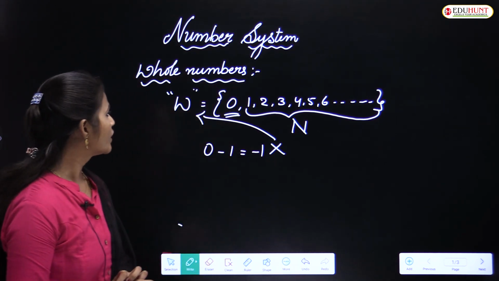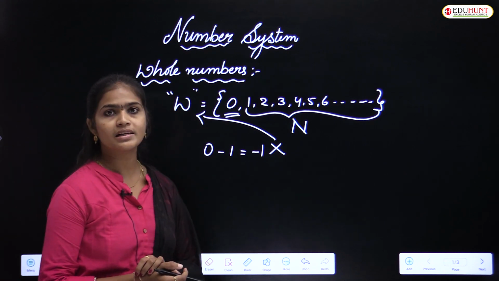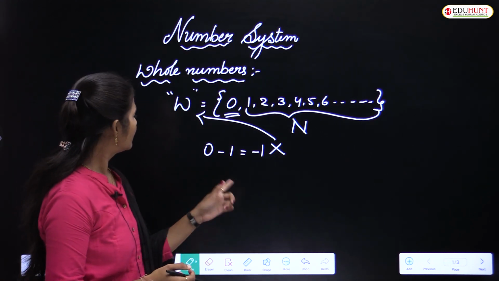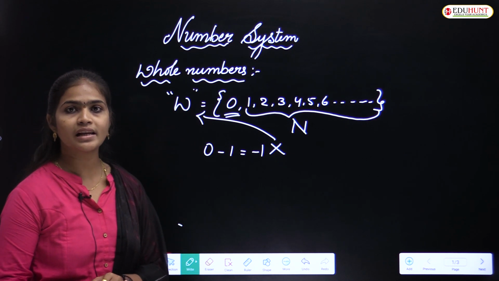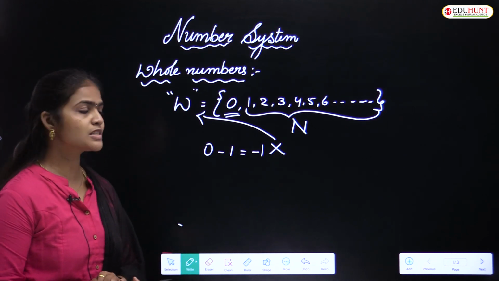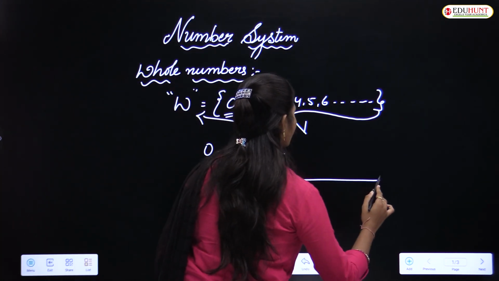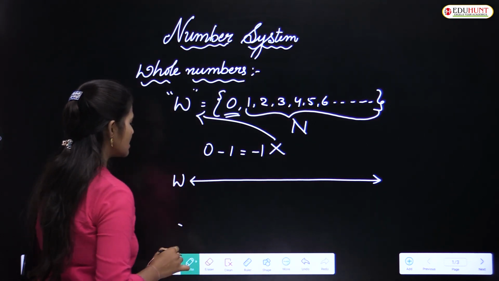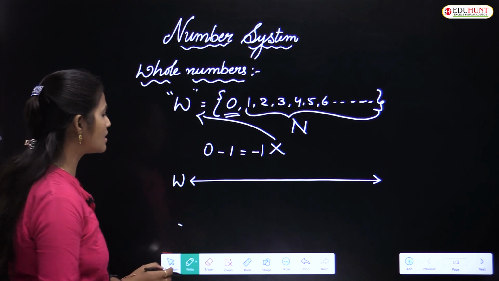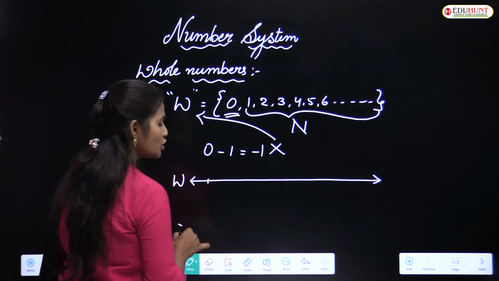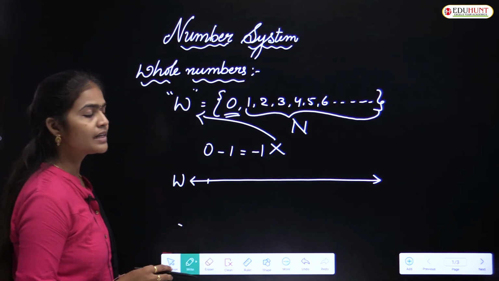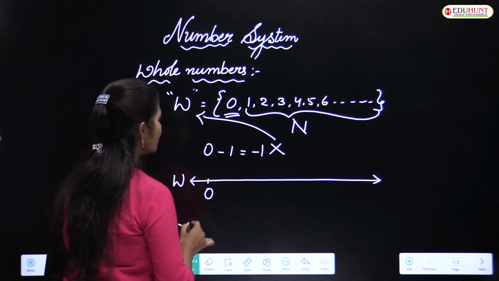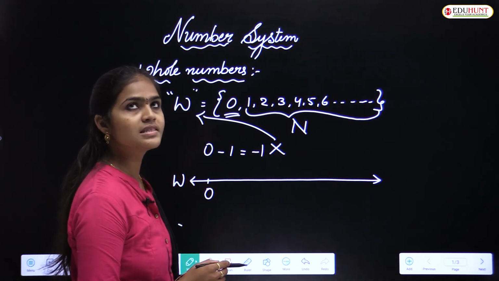So this is about whole numbers. Can we represent these whole numbers on the number line? Yes, it is possible. This is the number line for whole numbers. The starting number is 0, because the whole number set starts with 0.